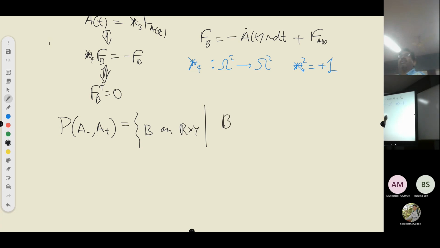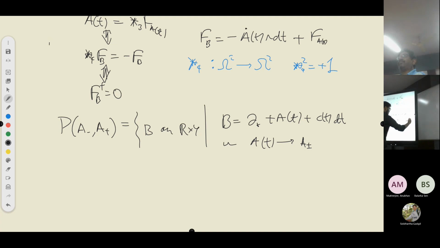This is the global expression: B looks like d plus At plus Ct dt, where Ct is some function defined on R, and At converges to the right thing as t goes to plus or minus infinity, and Ct goes to 0 as t goes to plus or minus infinity.